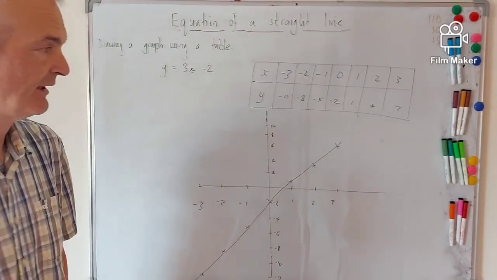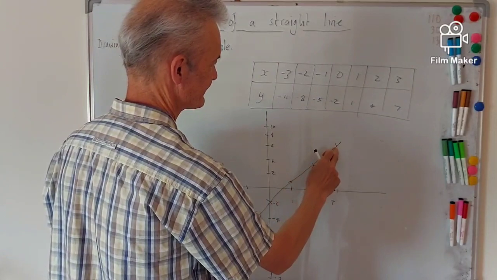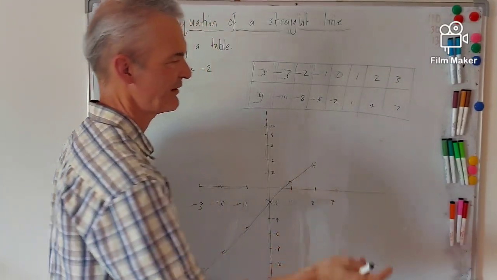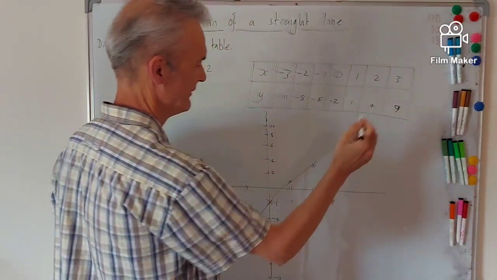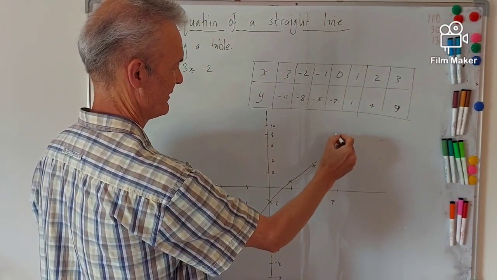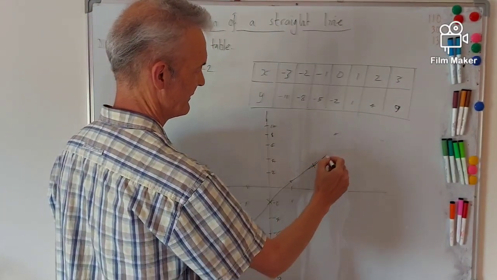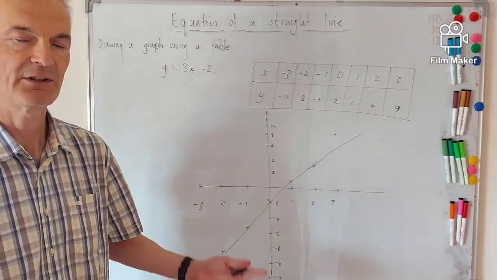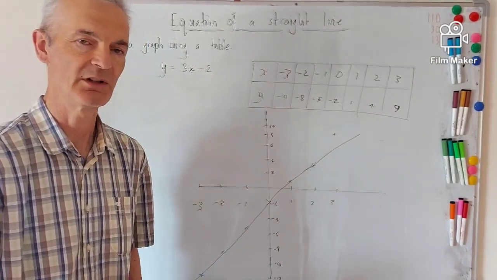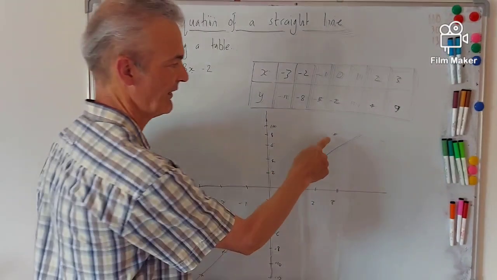Now, if you'd found, for example, I'd made a bit of a mistake and I'd made that 9. So you do 3 along and 9 up, and you'd see that this looks way off. So you can go back, check your work, and you'll probably find that that one there is wrong.